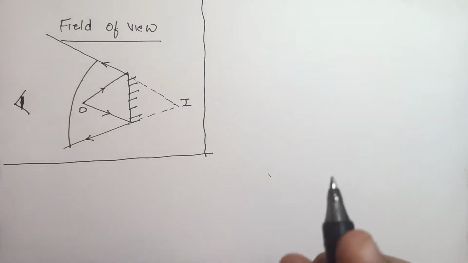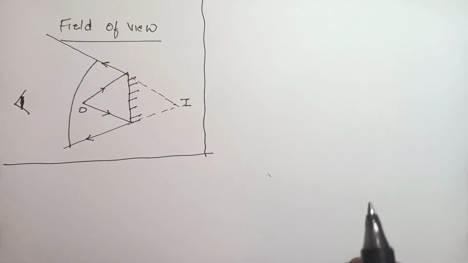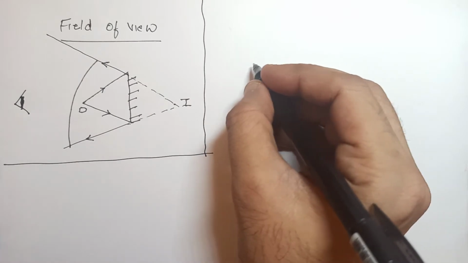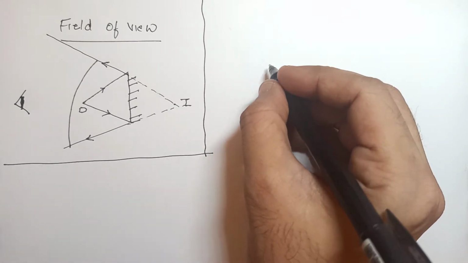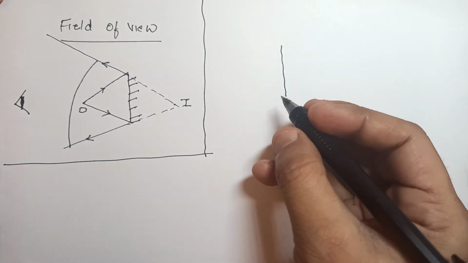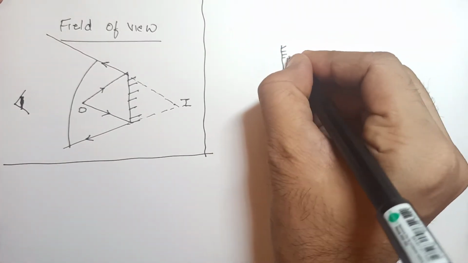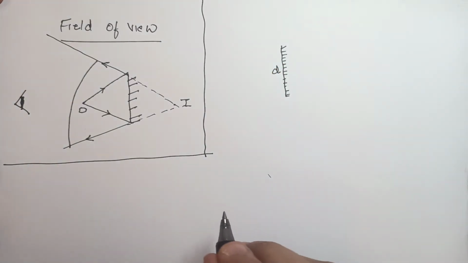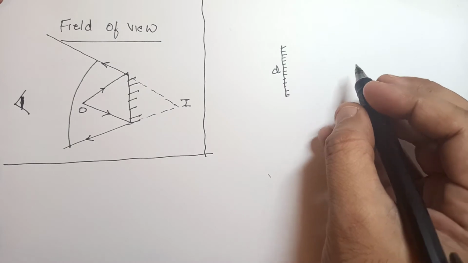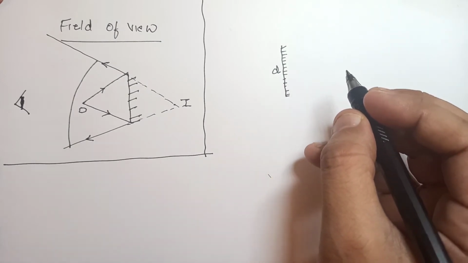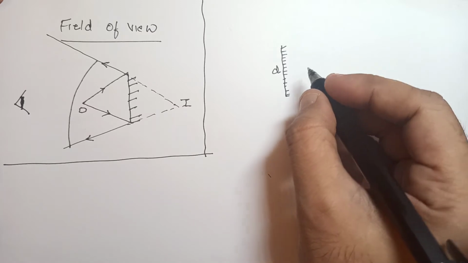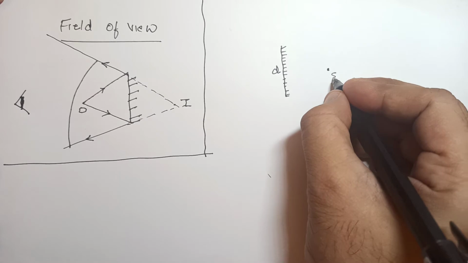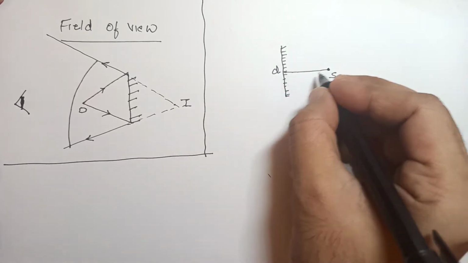Now let's take up a question related to this field of view. There is a mirror, let's say of length d, and in front of the mirror at a distance of L there is a source of light.